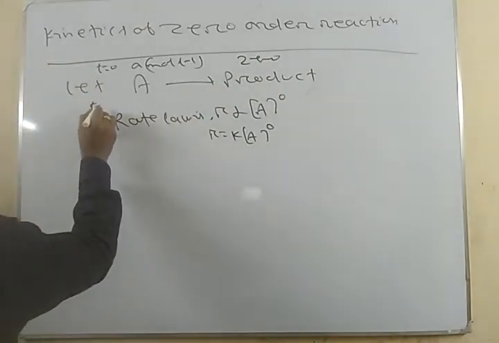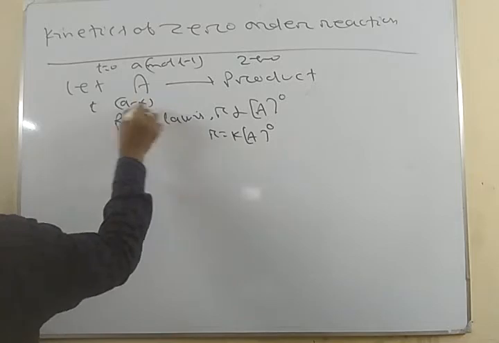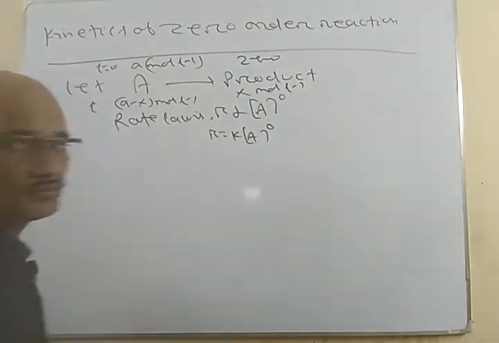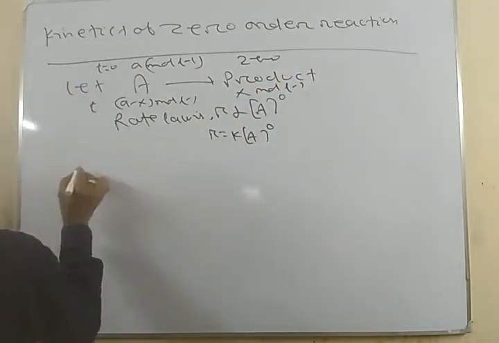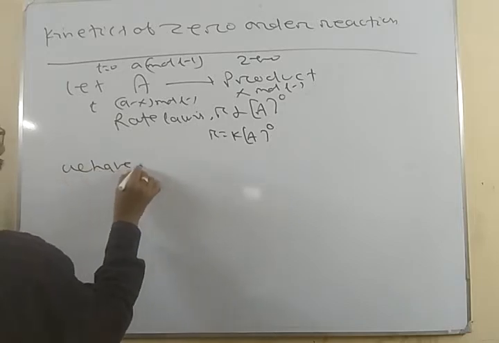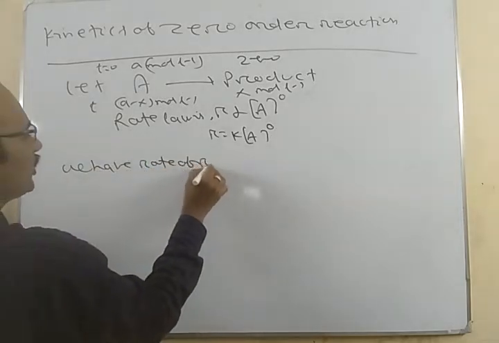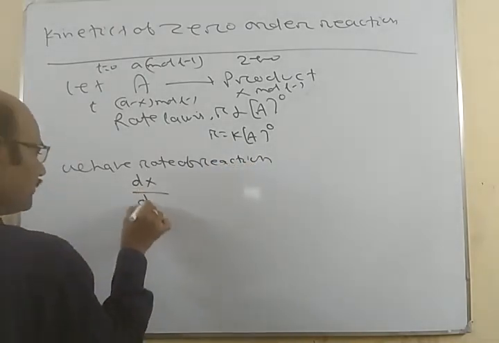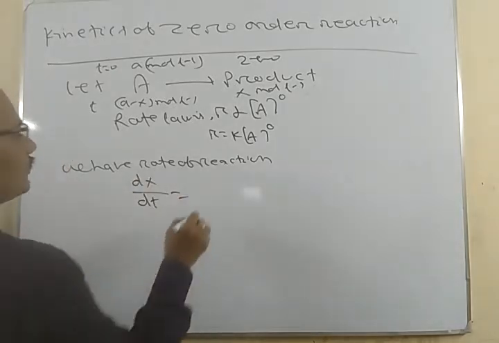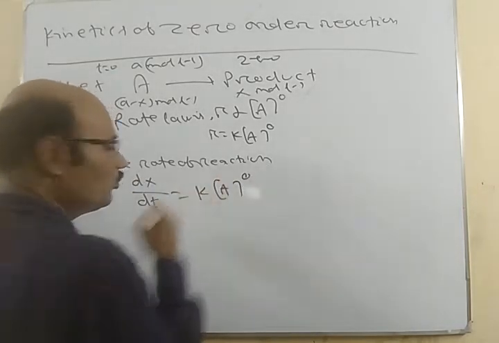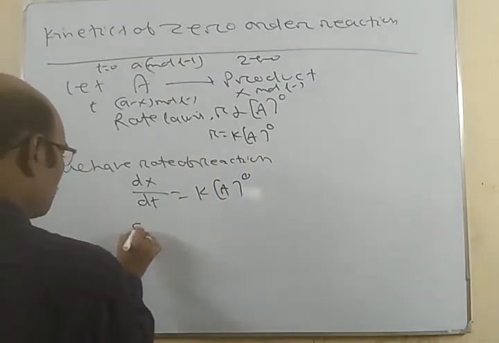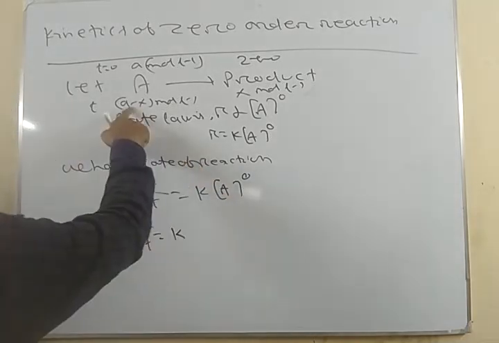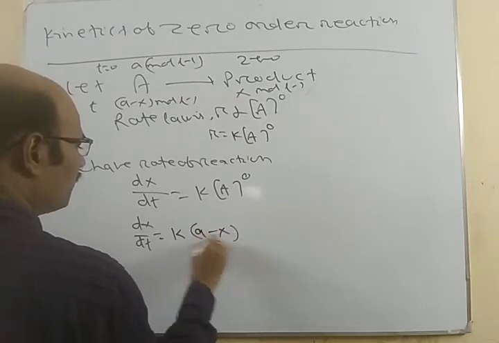At a time t, suppose a minus x mole per liter is remaining, so x mole per liter has reacted. Now the rate of the reaction dx by dt is equal to k A power 0, which is k into (a minus x) power 0.